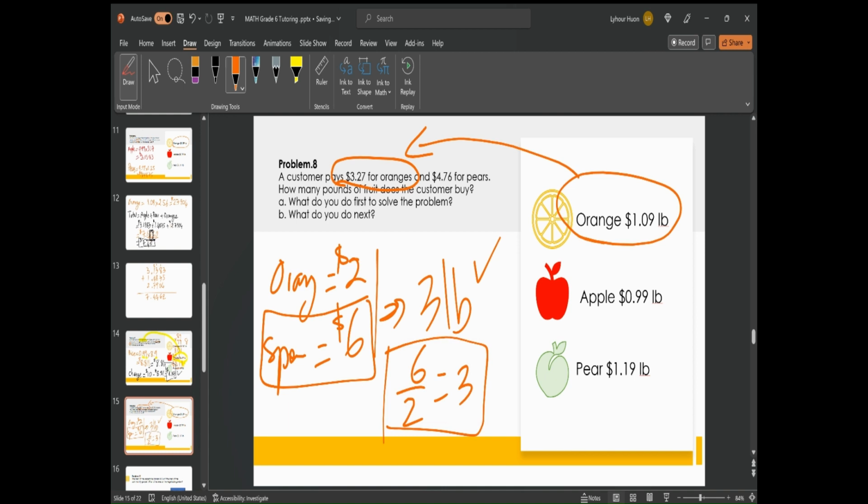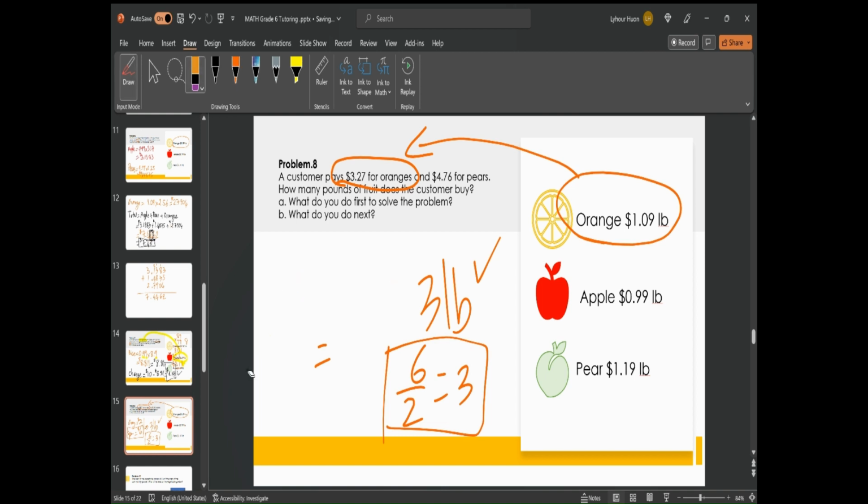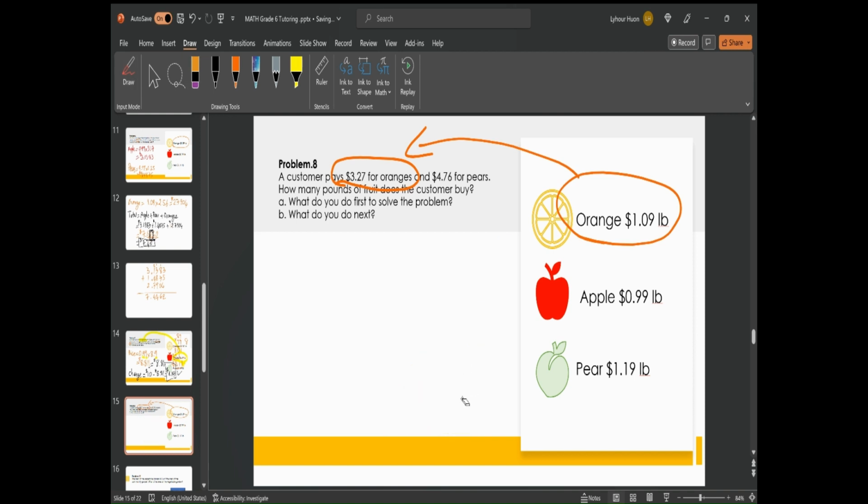So here it is a similar thing, but just with the decimal. We start with the orange.